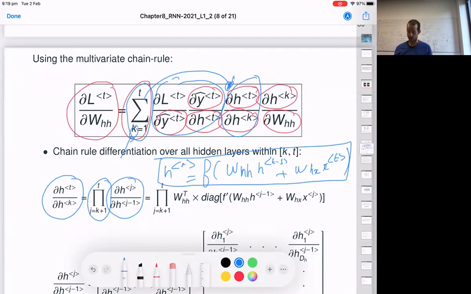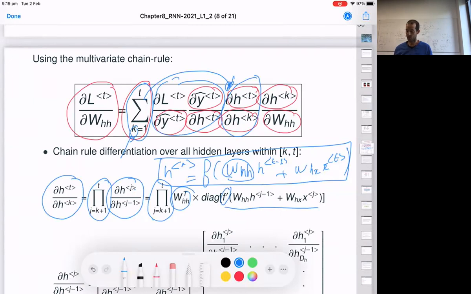Okay, so if now I need to compute the derivative of hj with respect to hj minus 1, I still got this product, and you can see that this WHH, you just do the derivative, so it's a chain rule again. So you have the f derivative, and after you have this WH, and this is a diagonal, in fact, because this is a matrix, a diagonal of x.